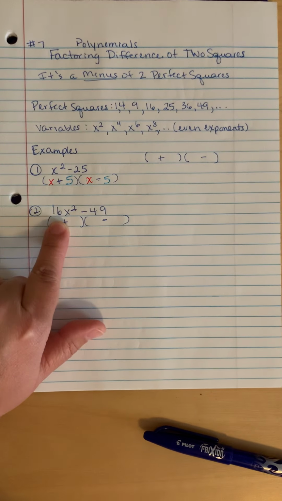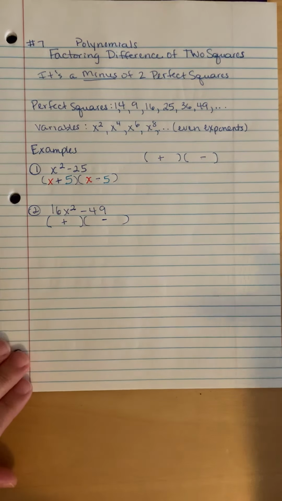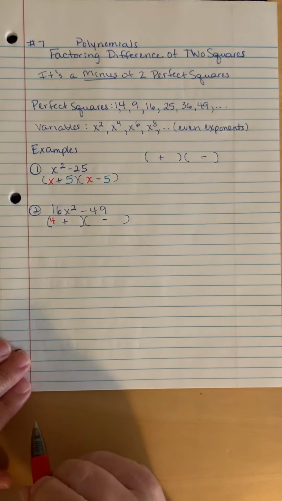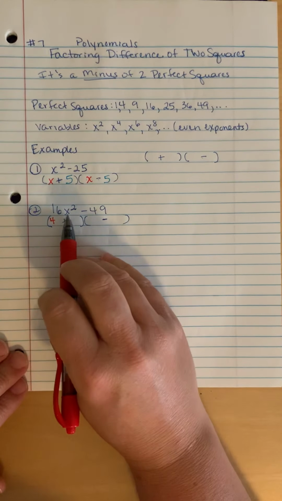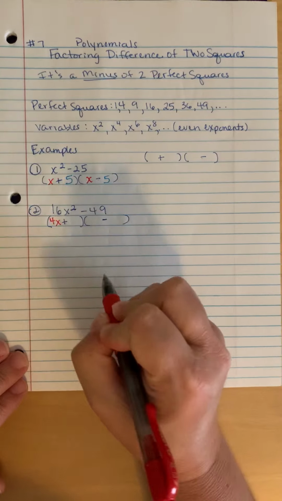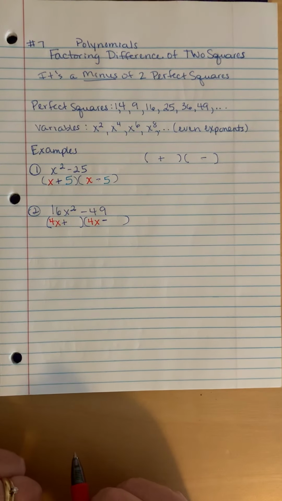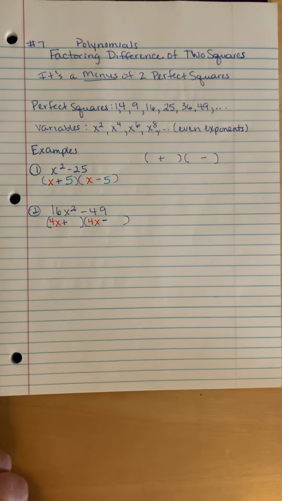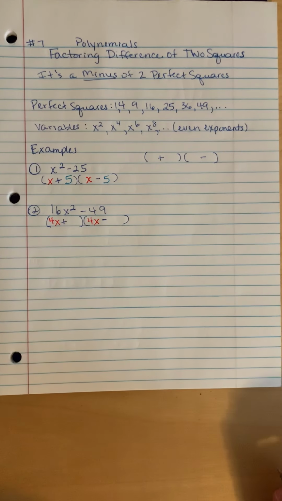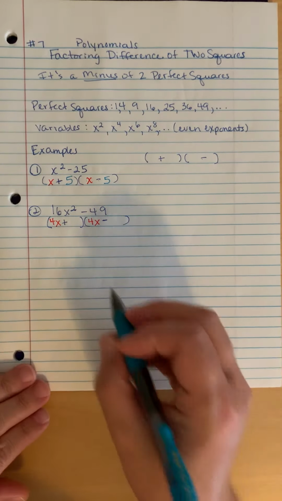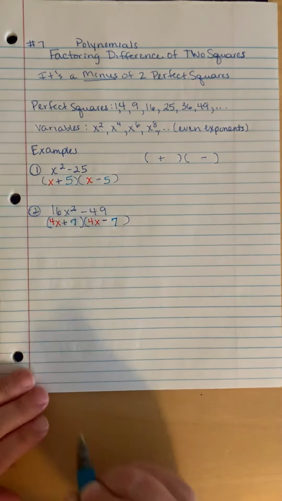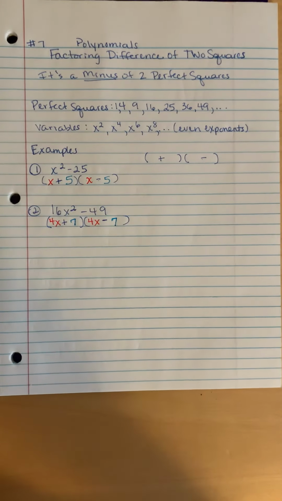What times what gives you 16? So I'm hoping you're thinking 4, because you're looking for the same number. And then x squared would be x times x. So you're putting a 4x in both parentheses. Now, what times what gives you 49? And it's the same number, so a 7 and a negative 7. And that minus sign takes care of that negative for you. So right there is your factored form.